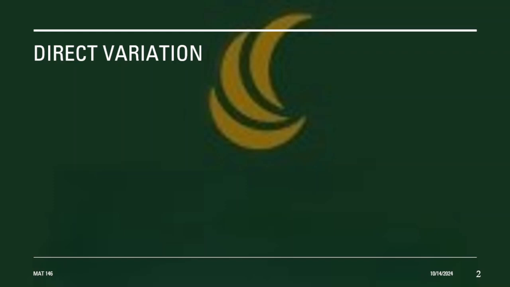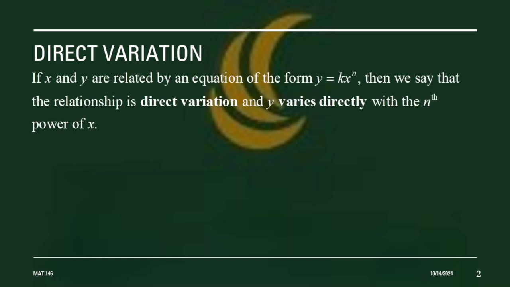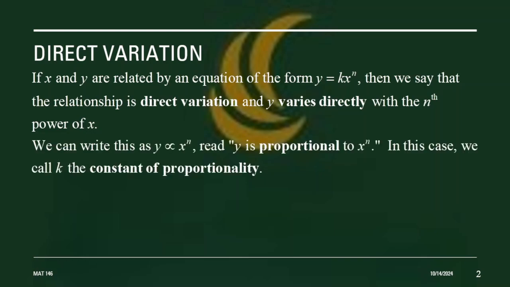First is direct variation. X and y are related in the form y equals kx to the n. This relationship is known as direct variation. We say that y varies directly with the nth power of x. We would also say that y is proportional to x, or x to the n.